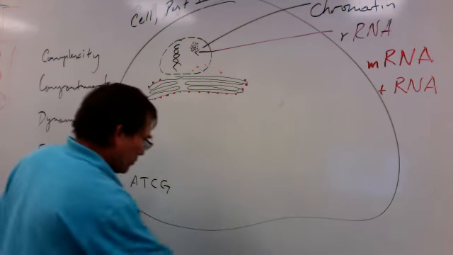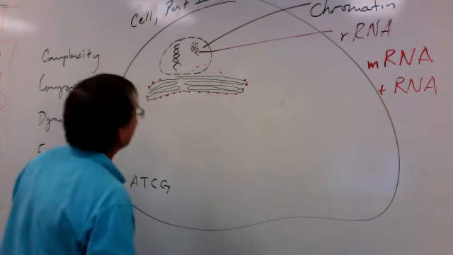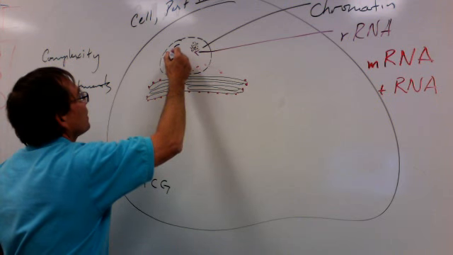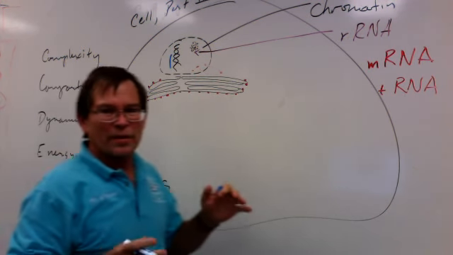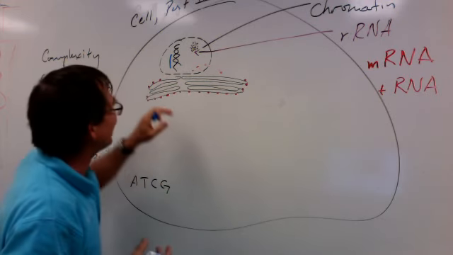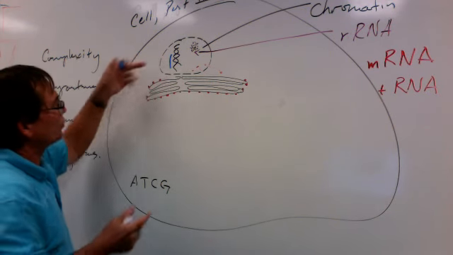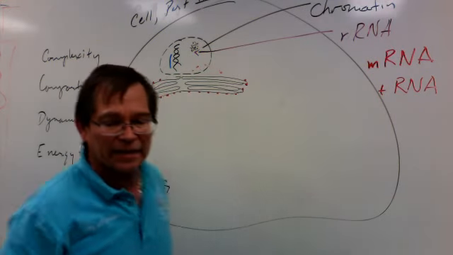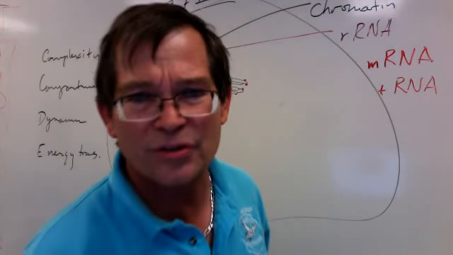And so I'm going to draw that here, and I'll make the transcripts, or the messengers, blue in color. So that large enzyme attaches to DNA and produces a copy of a section of DNA that is the message.